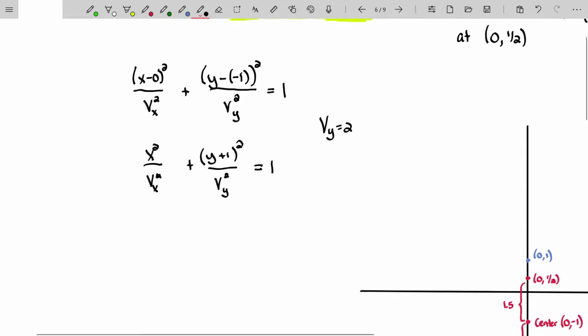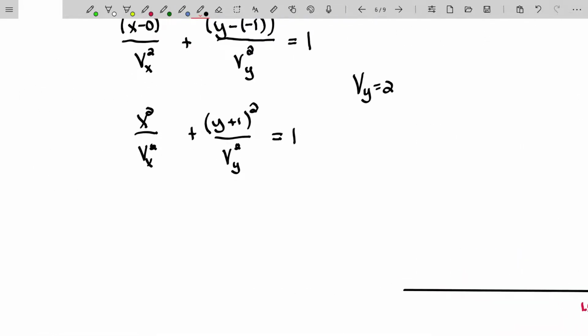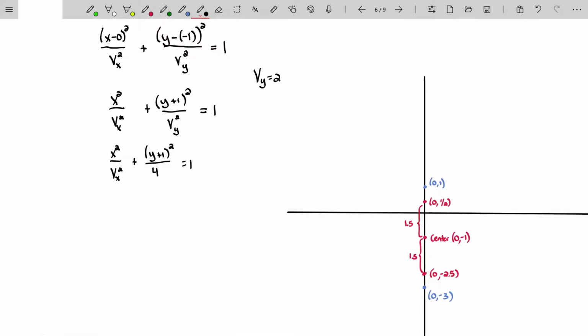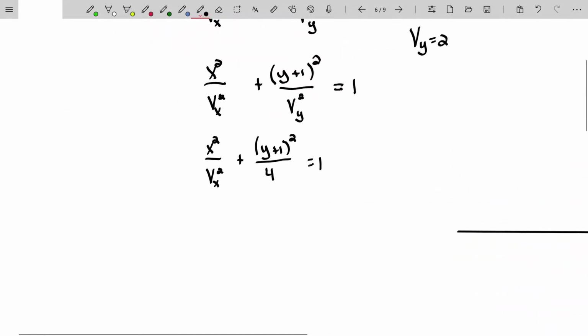That is, v sub y squared is 4. So we now have x squared over v sub x squared plus the quantity y plus 1 squared over 4 is equal to 1. All we need now is v sub x and we'll have everything. Well, there is a relationship between v sub x and v sub y and c.